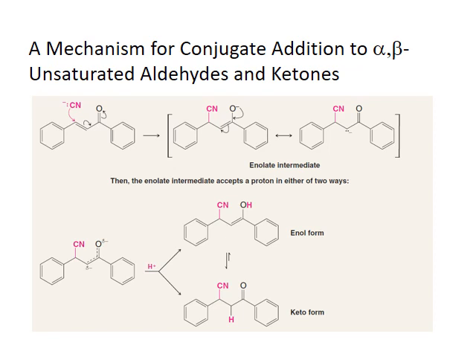Here is the mechanism of conjugate addition to alpha, beta unsaturated aldehydes and ketones using the weak nucleophile cyanide ion. Cyanide ion attacks the beta carbon, the electrons of the double bond shift to the oxygen to form the enolate intermediate.